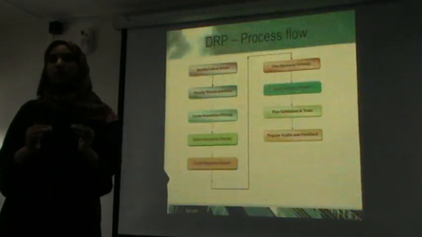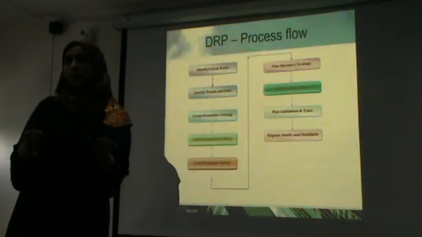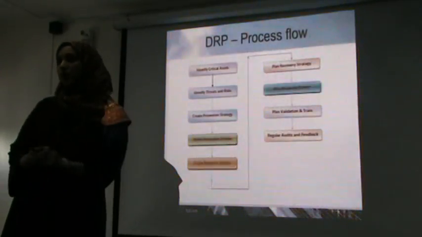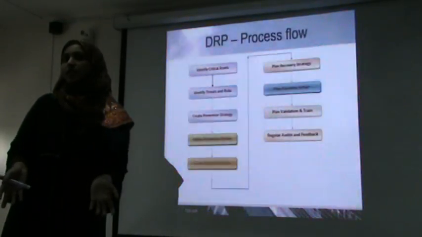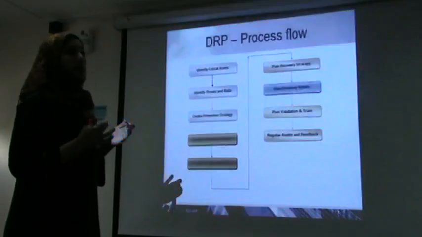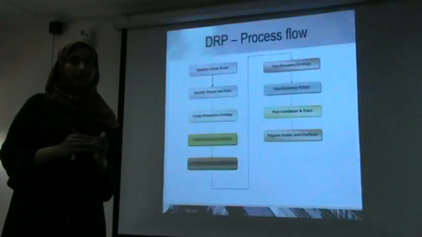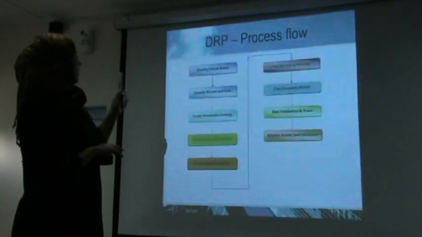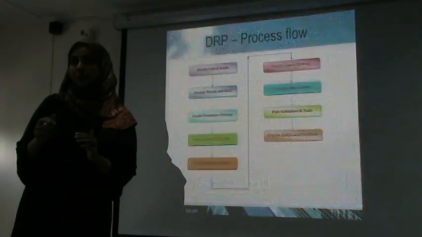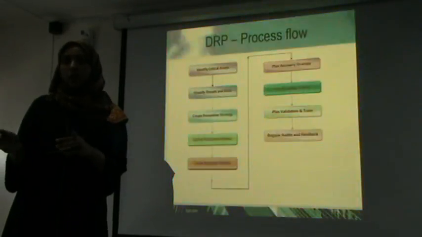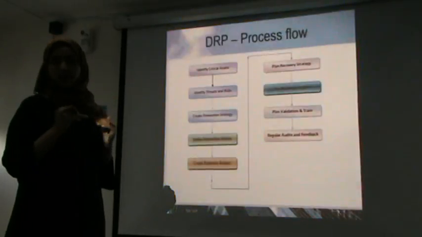For example, according to me, the most critical asset in a company is the employees, the key personnel, because the life of a human is far more important than anything else. So before we start preparing a disaster recovery plan, we need to first identify the critical assets in our company.